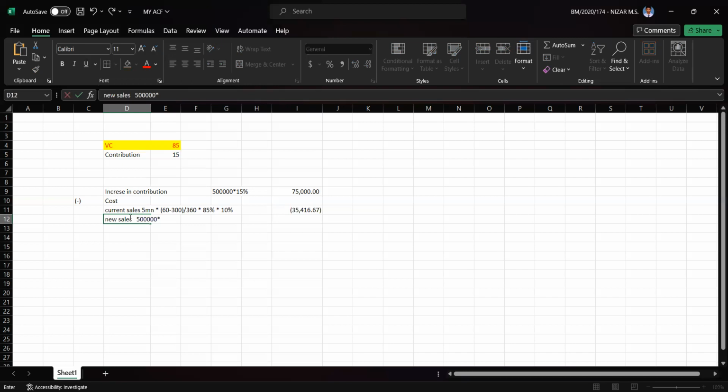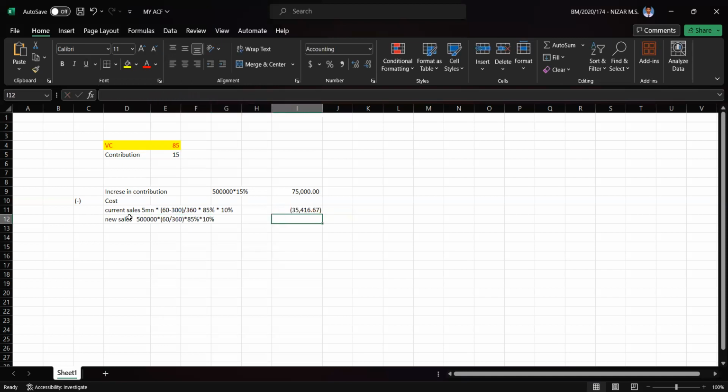So 500,000 times 60 divided by 360, into 0.85, into 0.1. If you solve this, here is your answer.